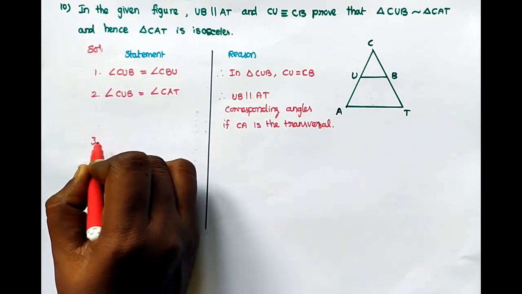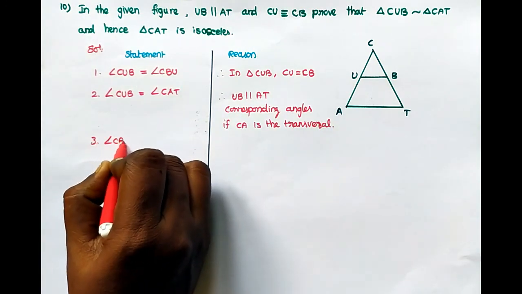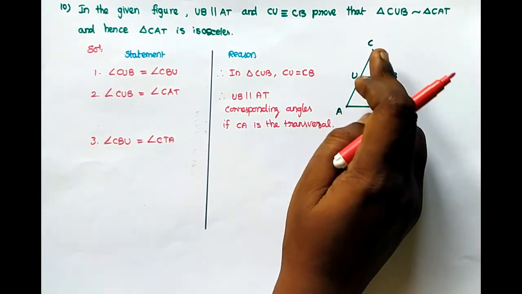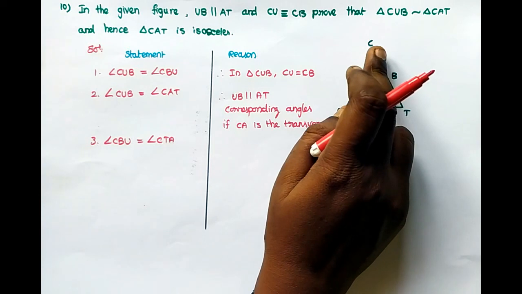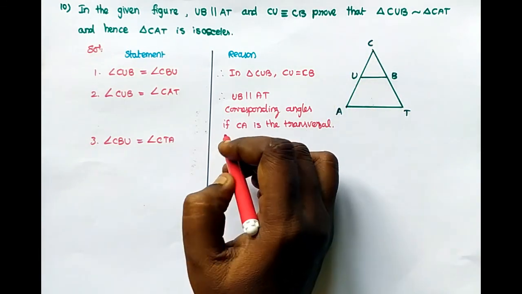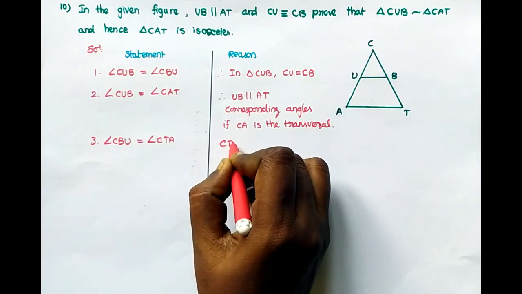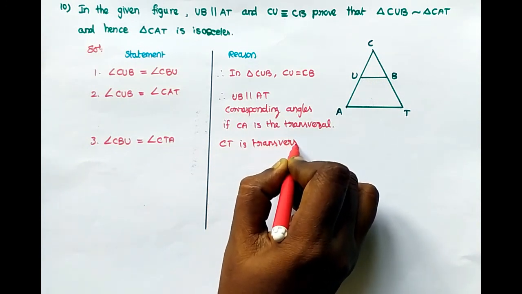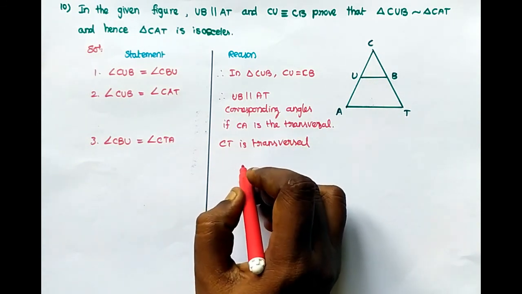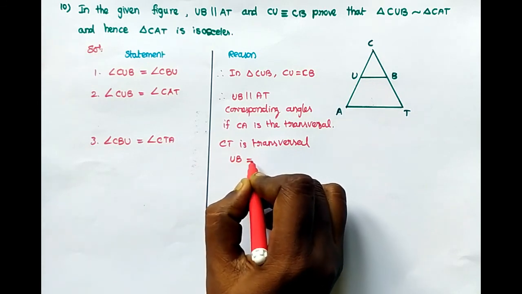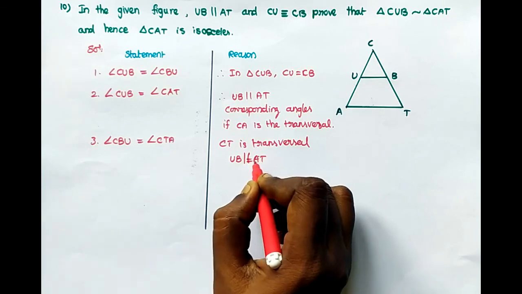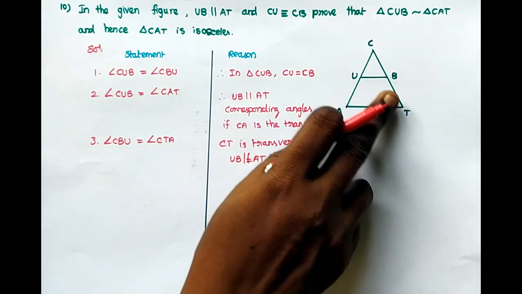Next one, angle CBU equal to angle CTA. Here CT is transversal, UB is parallel to AT, right? That is corresponding angles.